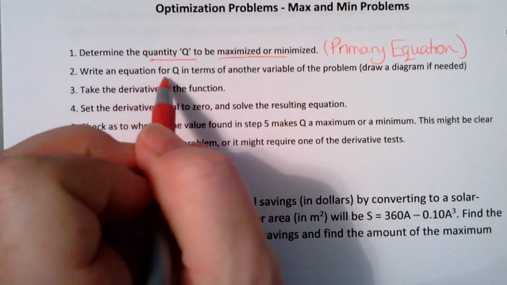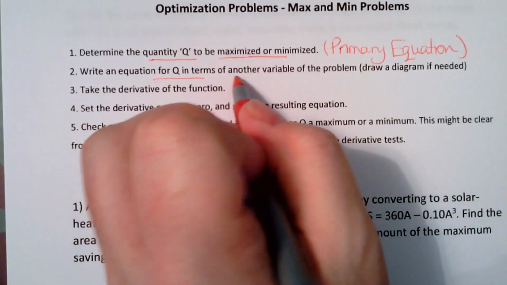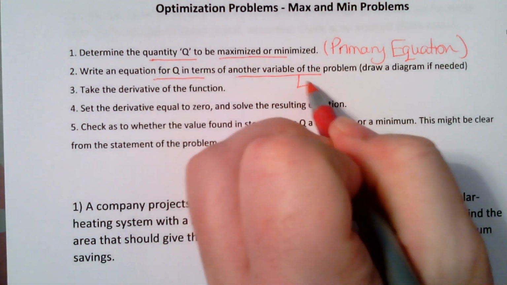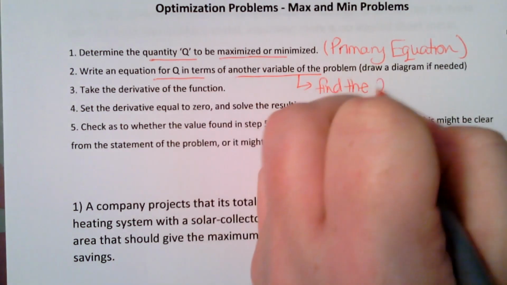So you're going to write the equation for the variable quantity you want to maximize or minimize, and you're going to have it in terms of another variable in the problem. But to do that, you're likely going to need to find the second equation.